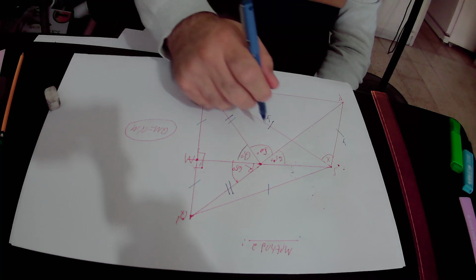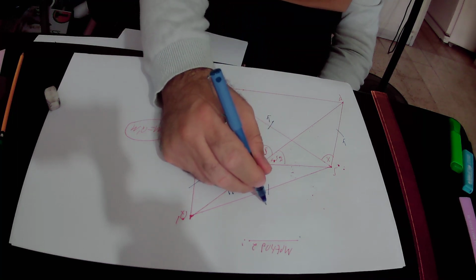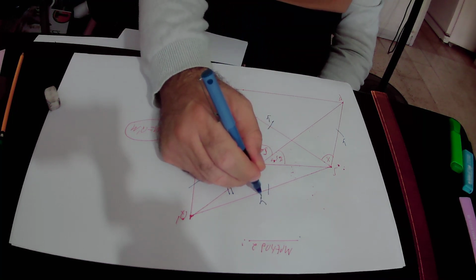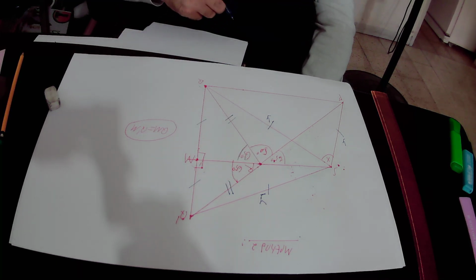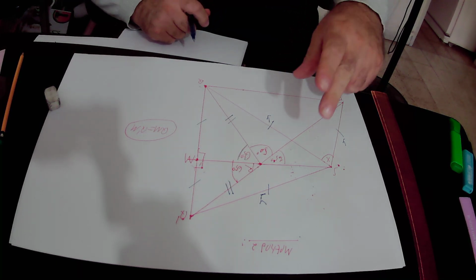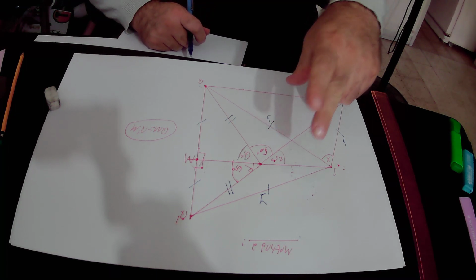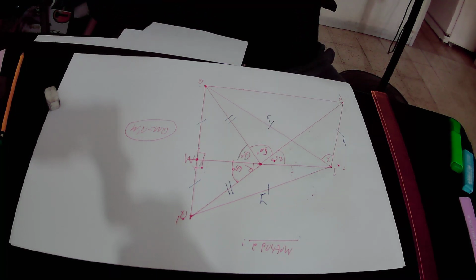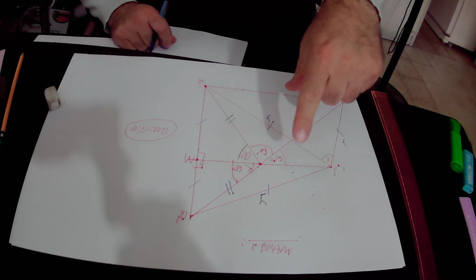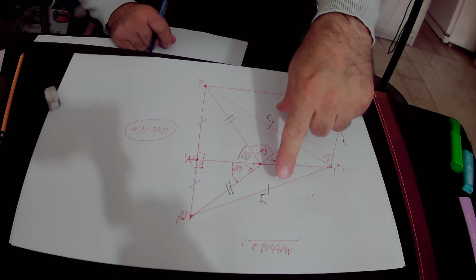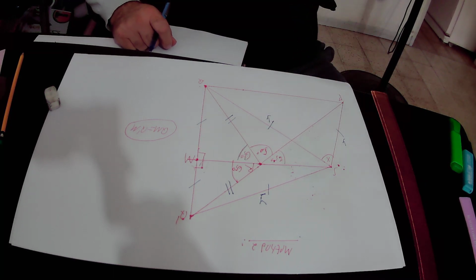So if SQ equals Y, then SQ dash will also be equal to Y.